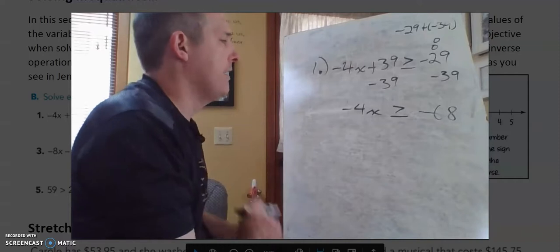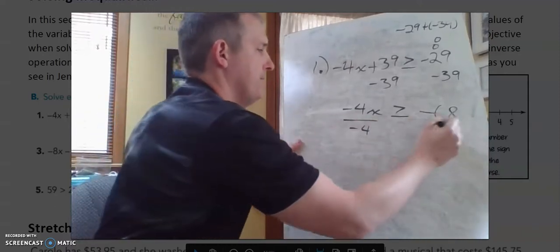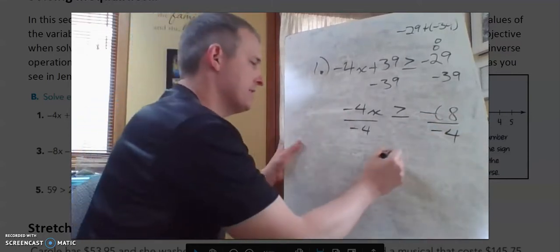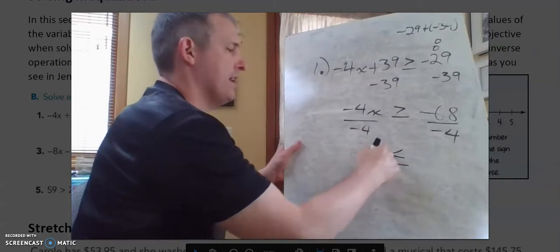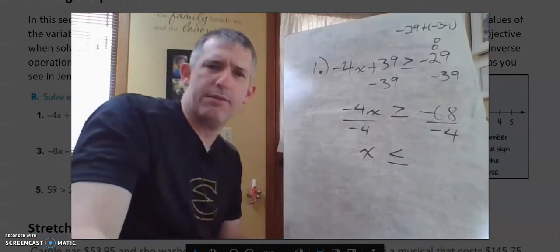And now I need to divide both sides by a negative 4. And remember, warning signs going off in our head, we got to change this sign. So x is now less than or equal to negative 68 divided by negative 4.